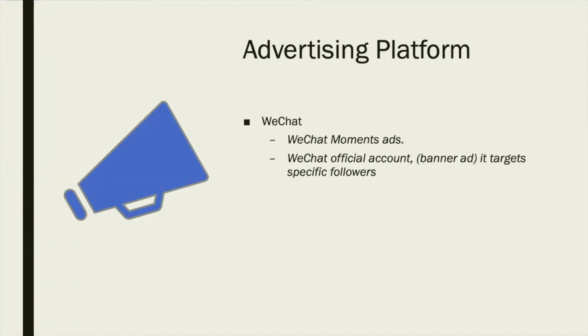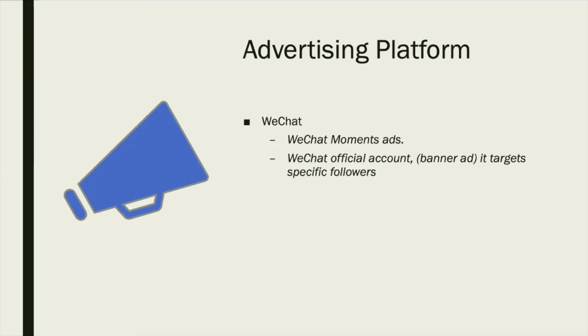Another platform that we're planning to use is WeChat. WeChat is what Chinese people use, and it's very similar to Facebook. There are also two ways that we can advertise on WeChat. One is called WeChat Moments Ads, and the other is called WeChat Banner Ad, and it works within the WeChat official account.